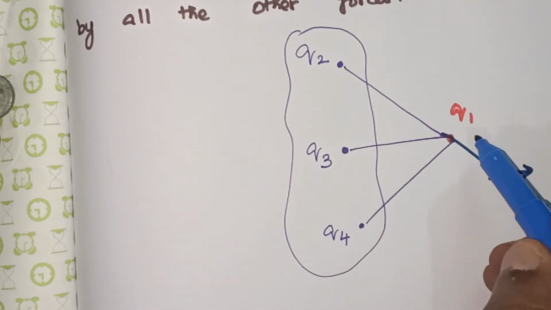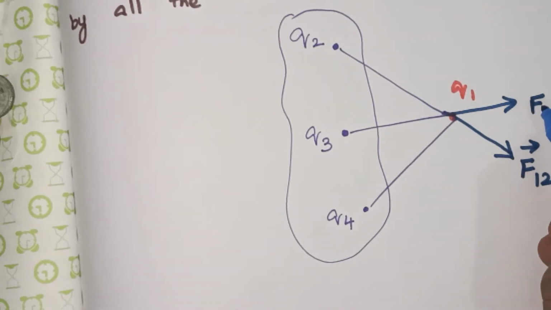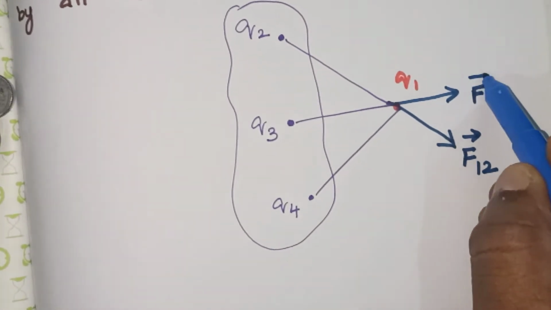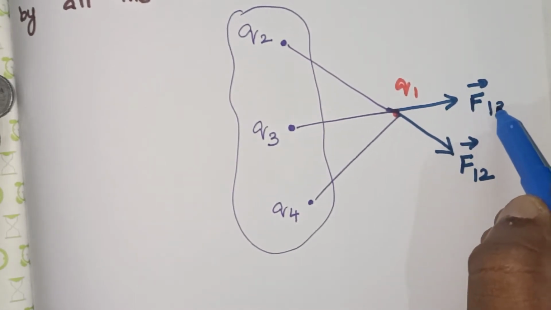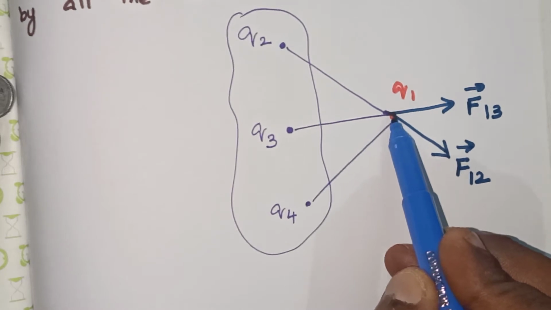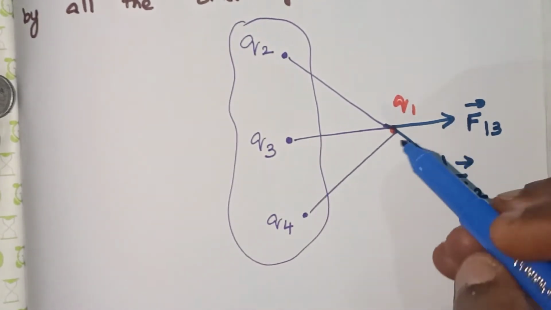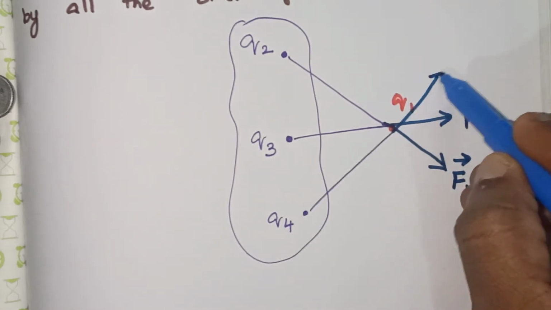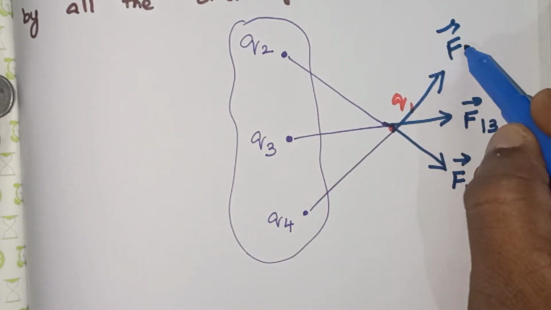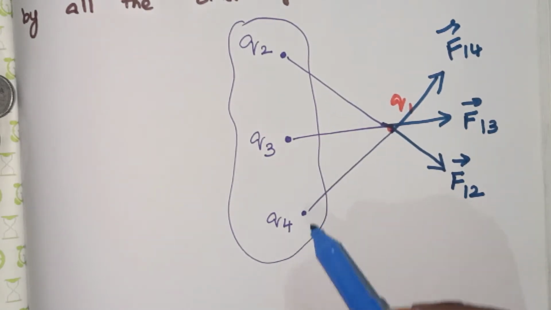Okay, next, this is F13. That means force on Q1 due to Q3. Next, this is F14. Force on Q1 due to Q4.